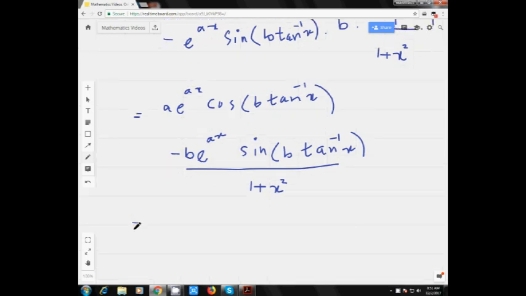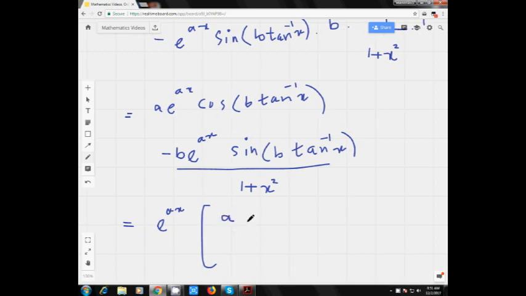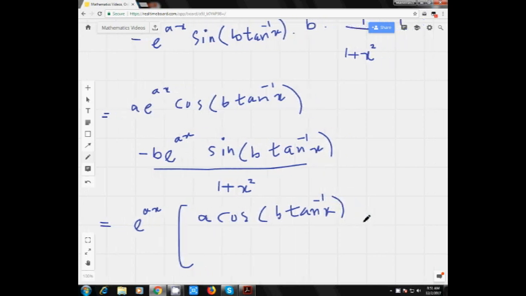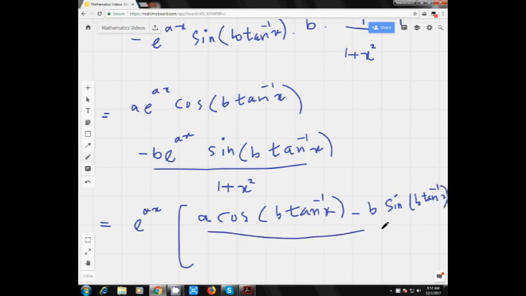So you have to take it as common, and you get e raised to the power ax, and here you get a cos b tan inverse x, and in the next you get b sine b tan inverse x, and the whole of the second expression is divided by 1 plus x squared.